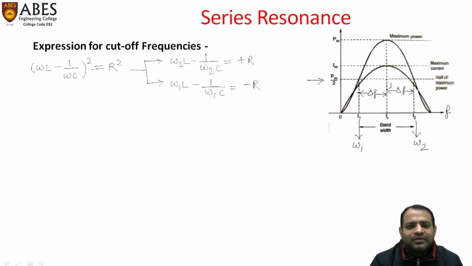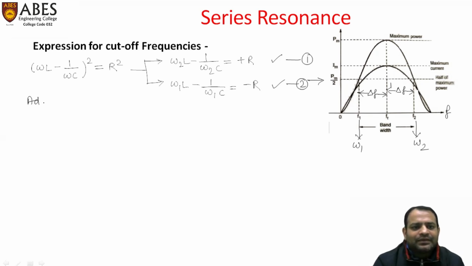When taking the square root, we have two values of R. One is plus R, another is minus R. So omega 2 L minus 1 upon omega 2 C is equal to plus R, and omega 1 L minus 1 upon omega 1 C is equal to minus R. Now this is equation 1 and this is equation 2. Adding equation 1 and 2.